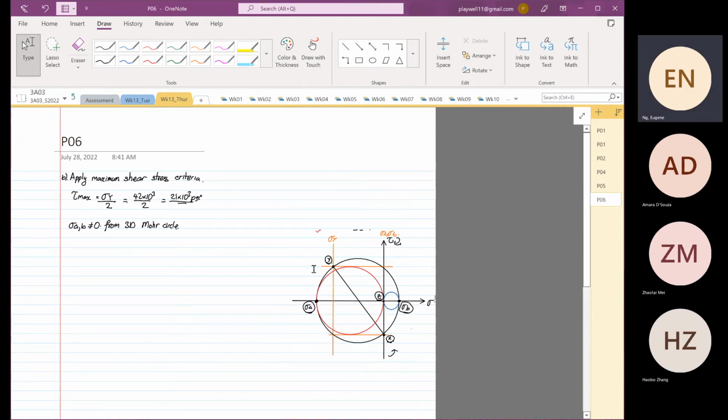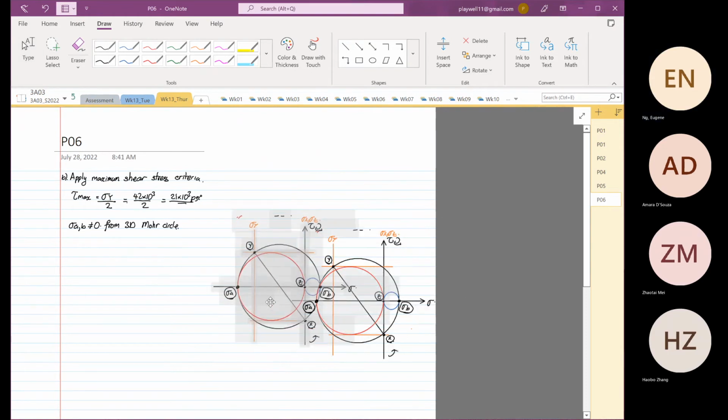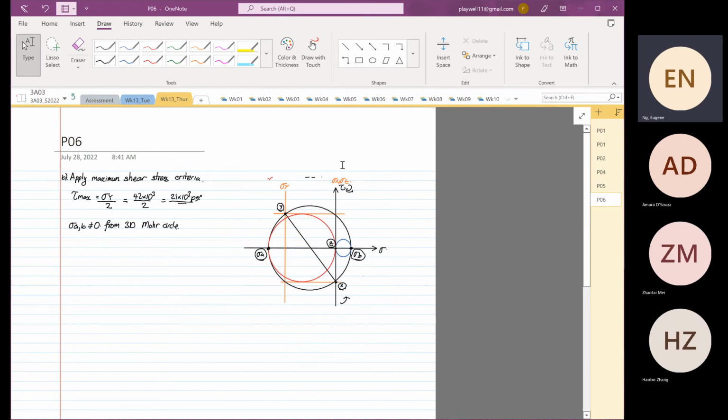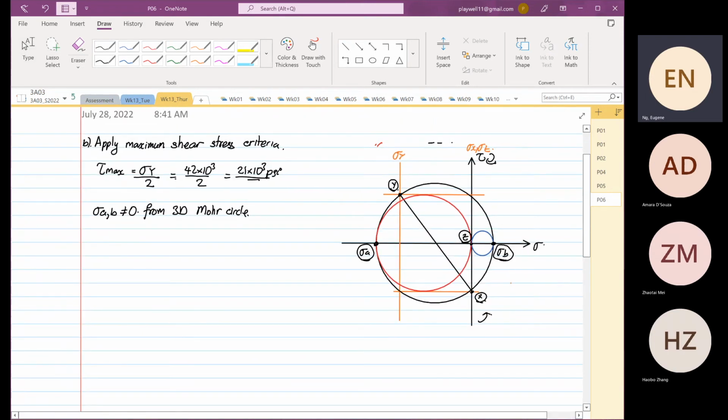Like what we learned on Tuesday this week, we have to construct the 3D Mohr circle. Why do we have to construct the 3D Mohr circle? Because Tresca has two conditions.